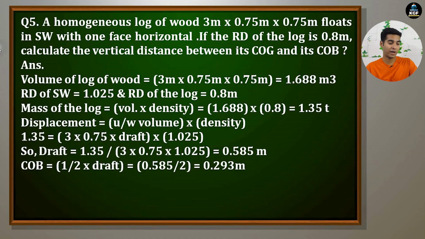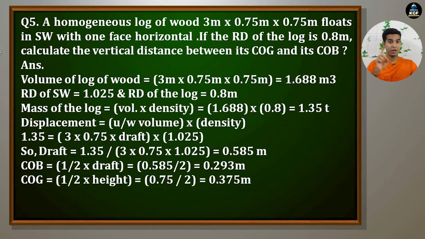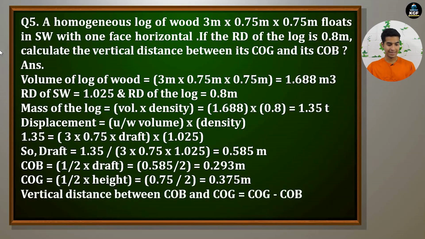But when you have to find the COG, we have to divide the height by 2. So its total height will be 0.75, already given in the question. So 0.75 divided by 2 equals 0.375 meters. Now if we subtract the COB from the COG, the distance will be 0.082 meters.